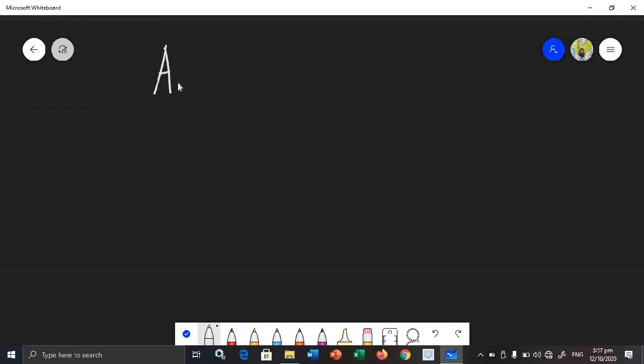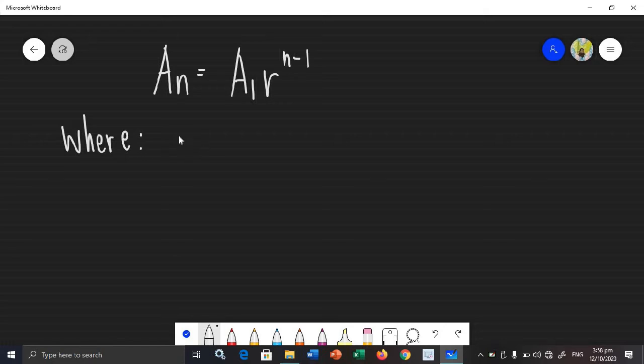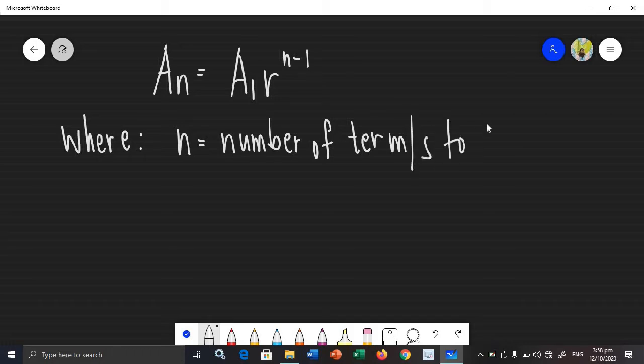So we have a sub n is equal to a sub 1 r raised to n minus 1, wherein n is the number of term to find. Kung ang pinapahanap ay 8th term, then n is equal to 8. And then a sub 1, of course, is the first term in the sequence.